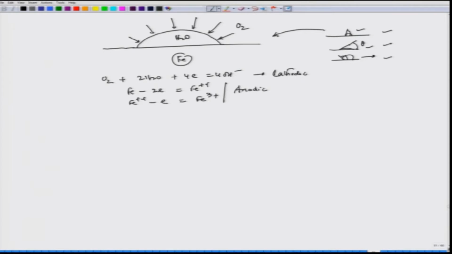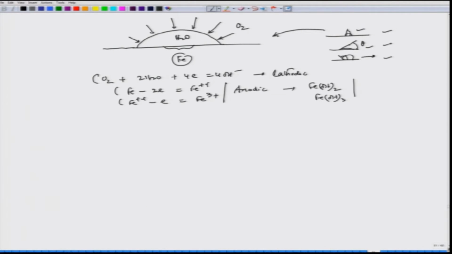So in the beginning both those reactions will happen statistically uniformly over the surface. Now if I consider this section, in the beginning we have all three reactions, and these are forming Fe(OH)2 as well as Fe(OH)3.